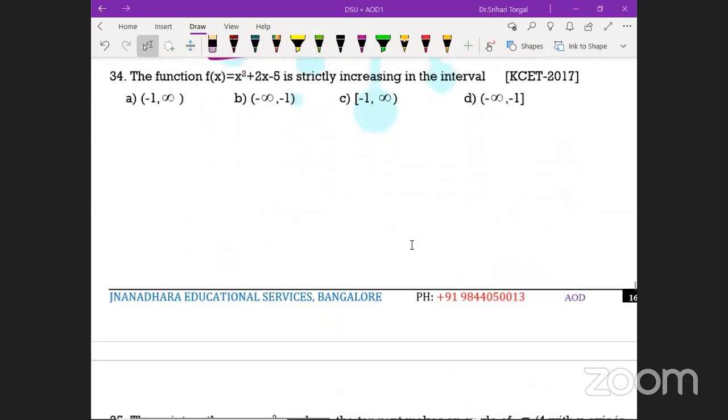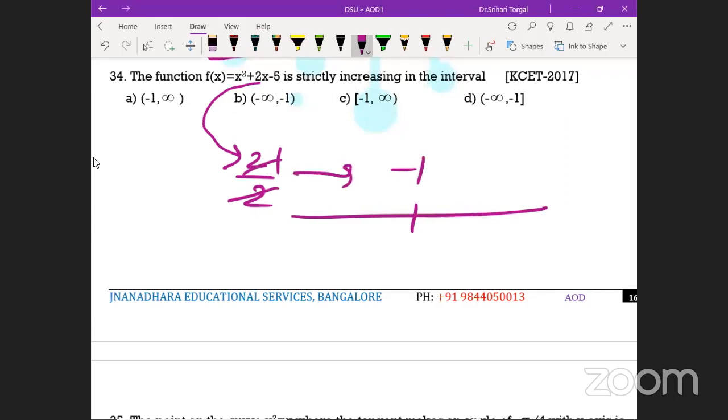Next, 2017. I already taught you a shortcut. Here there is 2, 2 divided by 2 is 1. If you change the sign you will get −1.